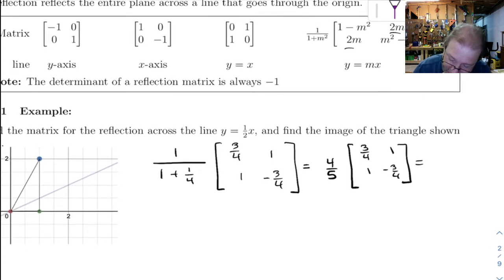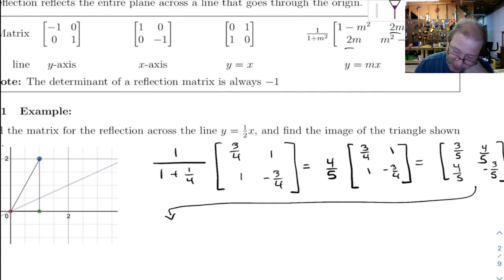So if you distribute that through there, the 3/4 times 4/5 will give you 3/5, and the ones give you 4/5.